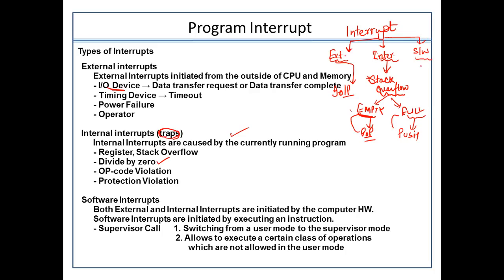Then comes the third category, usually called software interrupts. Software interrupts are generated by the software itself. If I talk about the computer system, our computer can run in two modes: one is the safe mode, and the other is the normal mode where we usually work.